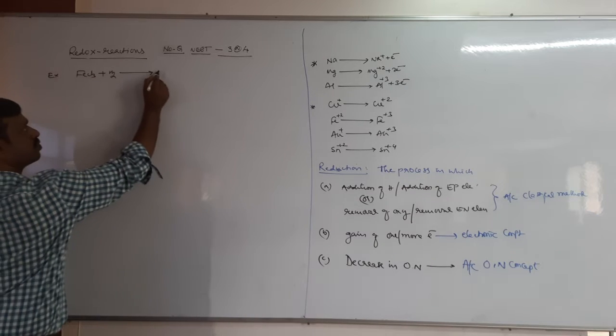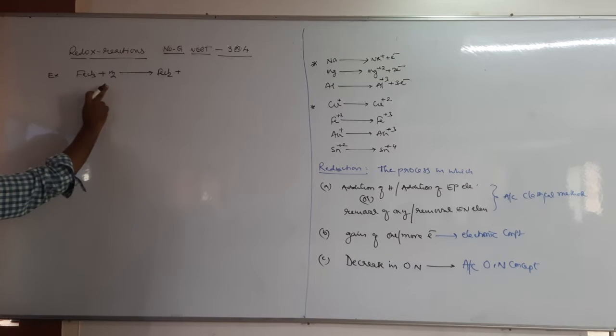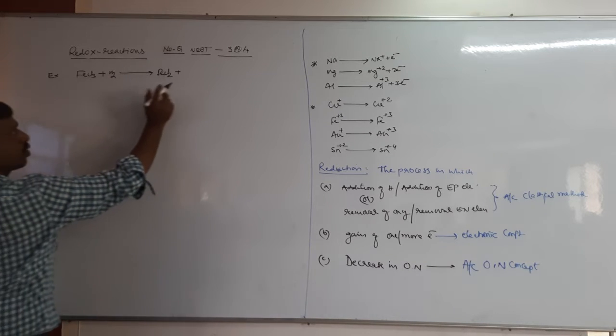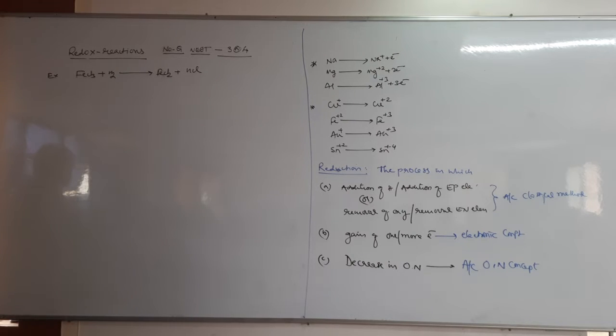What does it form? FeCl2 plus, one hydrogen and one chlorine, HCl. You can balance it, but we are not balancing now, we will study balancing later. So FeCl3 plus hydrogen forms FeCl2 plus HCl.